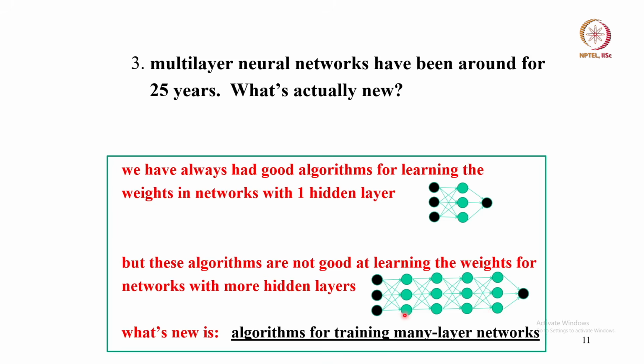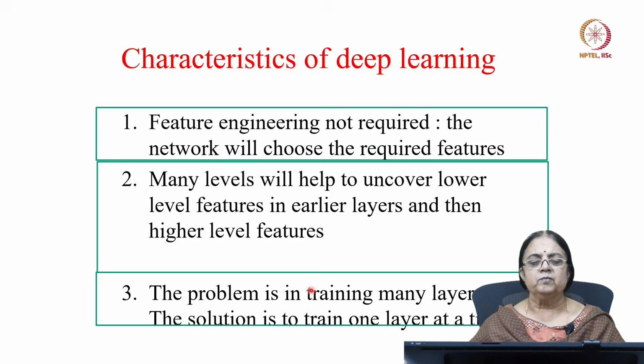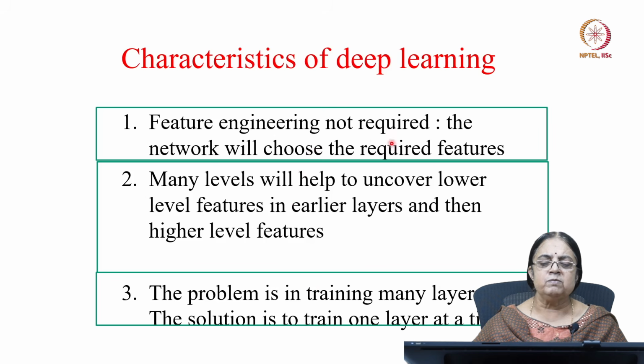So what is used in the deep learning algorithms is another algorithm for training. You are going to train one layer at a time. So we can say these are some of the characteristics. First, feature engineering is not required.